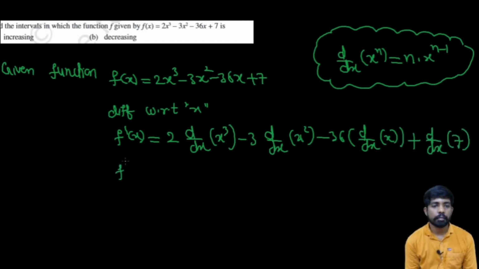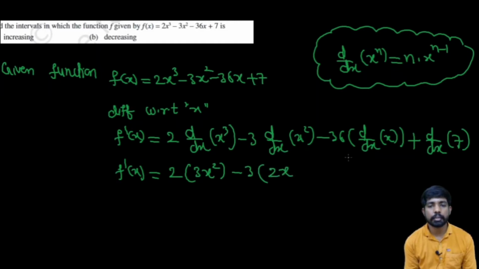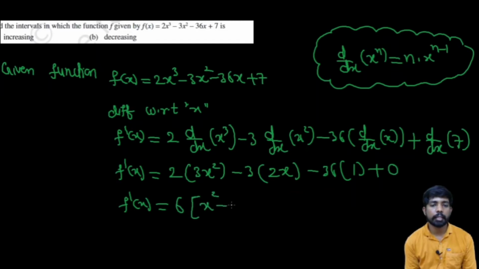Differentiation of x cube is 3x square, of x square is 2x, of x is 1, and the constant's is 0. Therefore f dash of x is equal to 6x square minus 6x minus 36. Take 6 common: 6 times x square minus x minus 6.